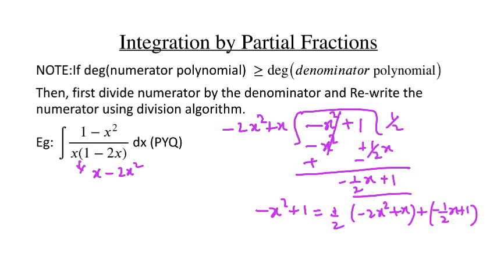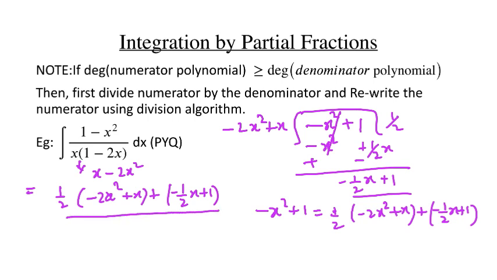So we are going to rewrite our numerator over here as 1 by 2 into (minus 2x square plus x) plus (minus half x plus 1), divided by the same minus 2x square plus x, dx. Upon doing this, we are going to group this and separate it.